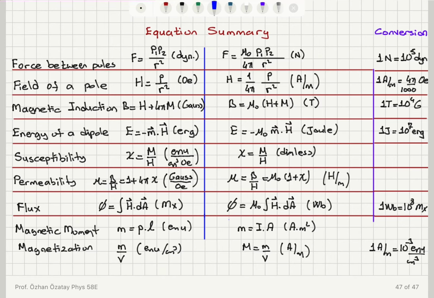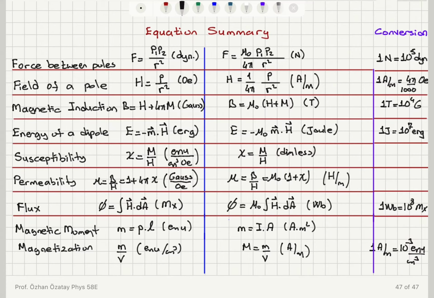Okay, so basically this summarizes what we have learned in the basic concepts part, and we have seen that we can express these equations in CGS and SI, but it's not just a unit conversion, it's basically a totally different way of looking at magnetism.